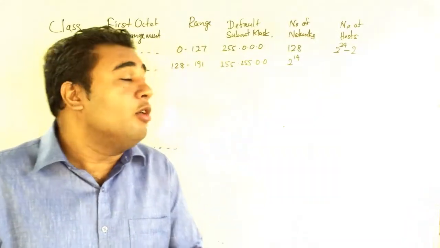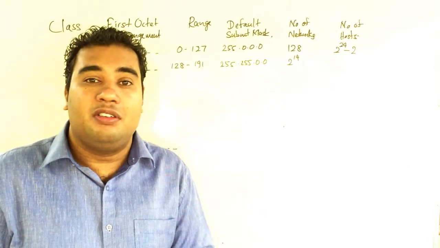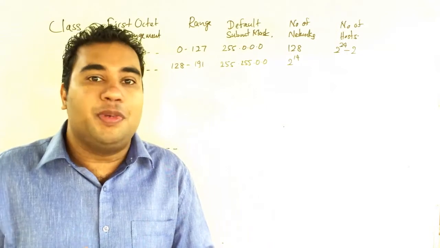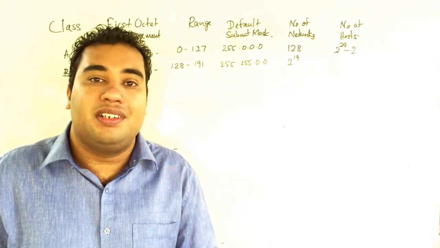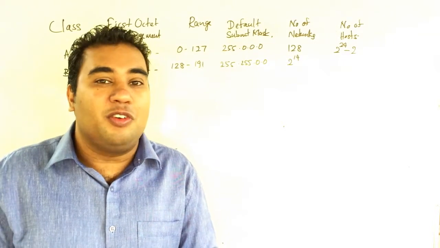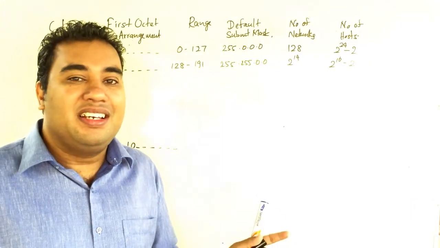In the host portion, how many bits are there? The last 2 octets, which is 16 bits. So how many different host addresses can you create? 2 to the power 16, and don't forget minus 2. Okay, that is class B.